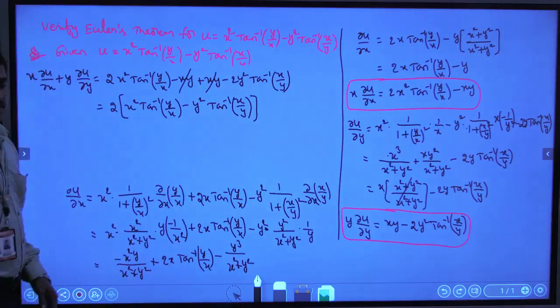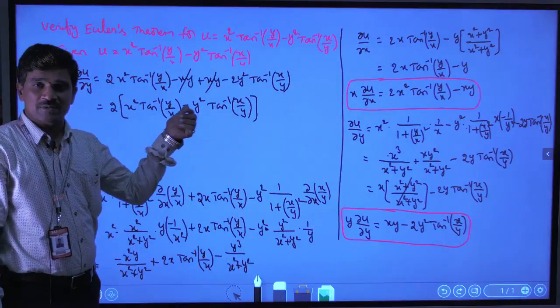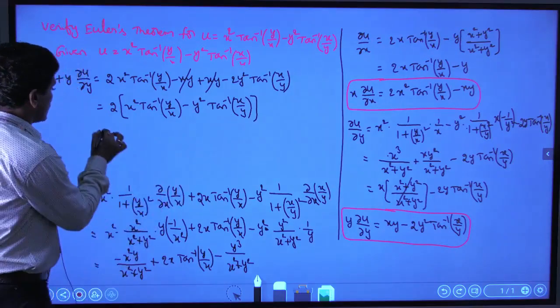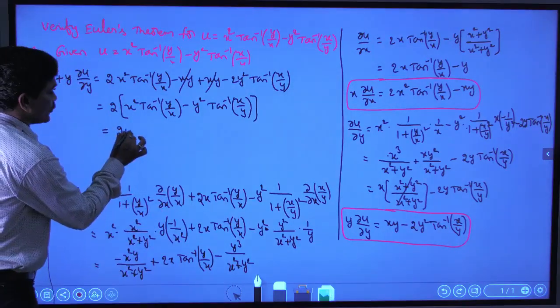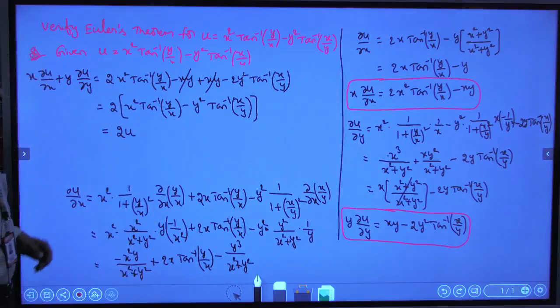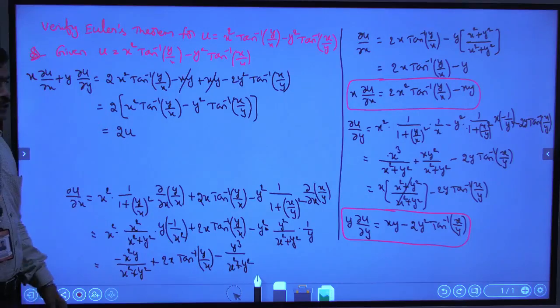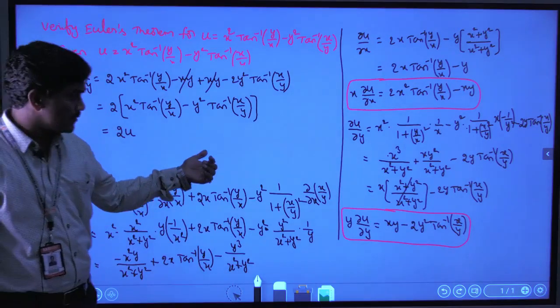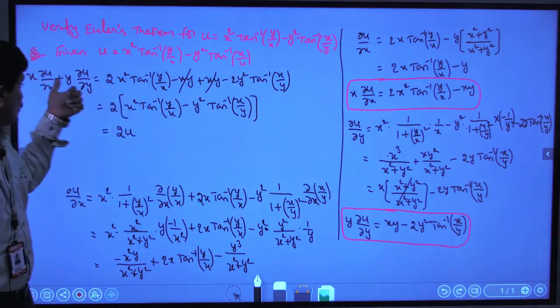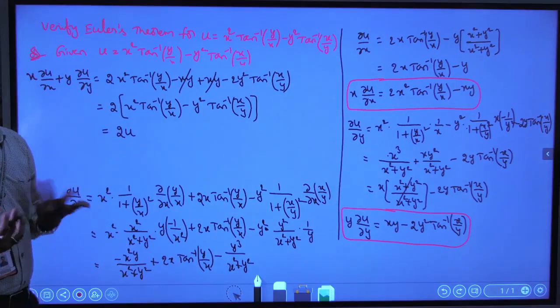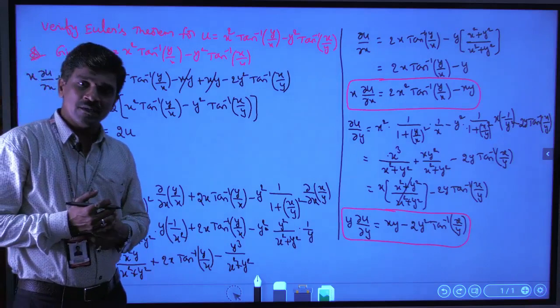From the given function, x² tan⁻¹ minus y² tan⁻¹, this is the given function u, so that's why we get 2u. Now x ∂u/∂x plus y ∂u/∂y is 2u, and from equation 1 also the same, so these two are equal, then clearly the theorem is verified.